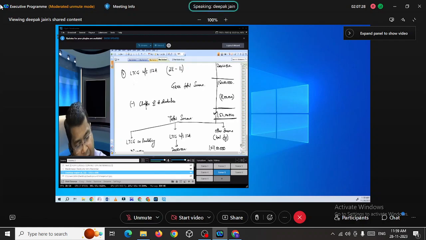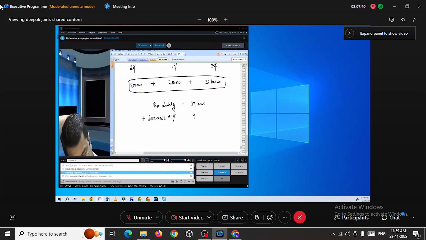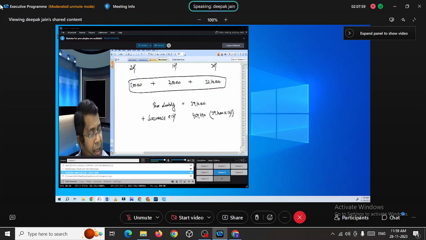So surcharge at the rate of 12% is applicable. 12% of 39 lakh 10,000. How much? Clear? Clear or not, beta?